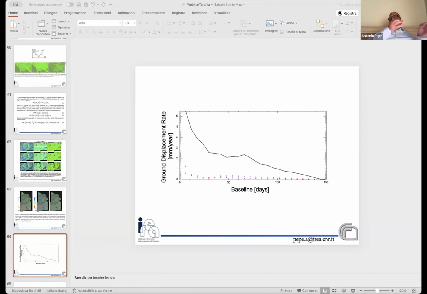So the method developed by me, Riccardo Lanari, and other colleagues more than 10 years ago was based on using only small baseline interferograms to recover the same information that are recovered by SQUEEZAR and the phase triangulation algorithm. Of course, the framework is the same, but the conclusions can be different.